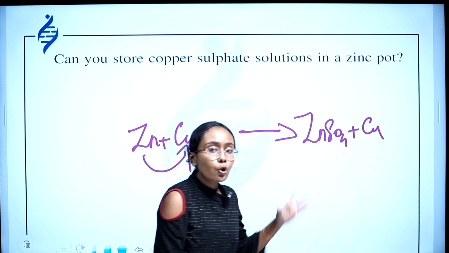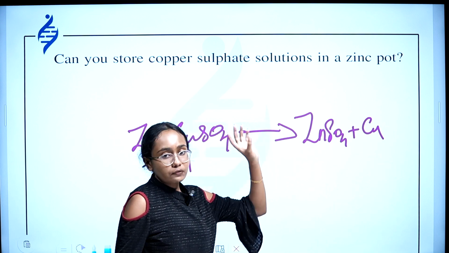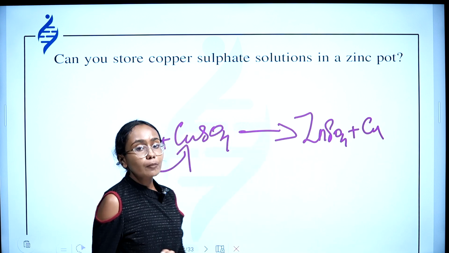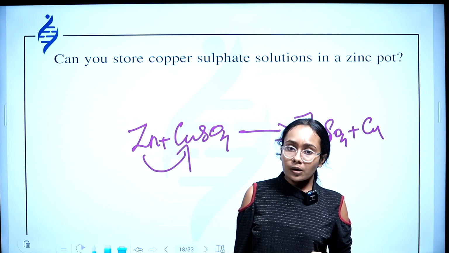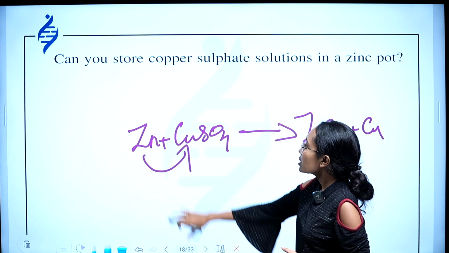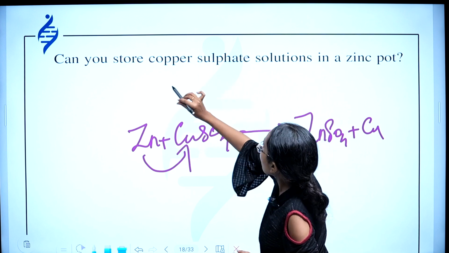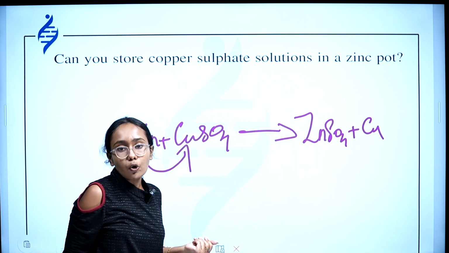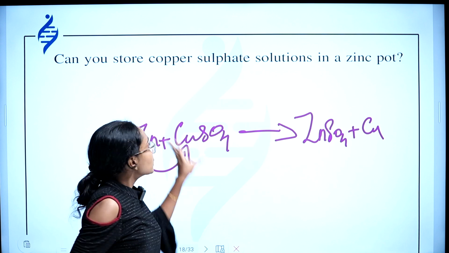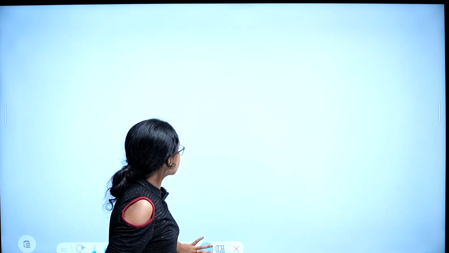Zinc has high reactivity. So, can you store copper sulfate solution in a zinc pot? No. Zinc will displace copper from the solution, so such a setup is not possible.